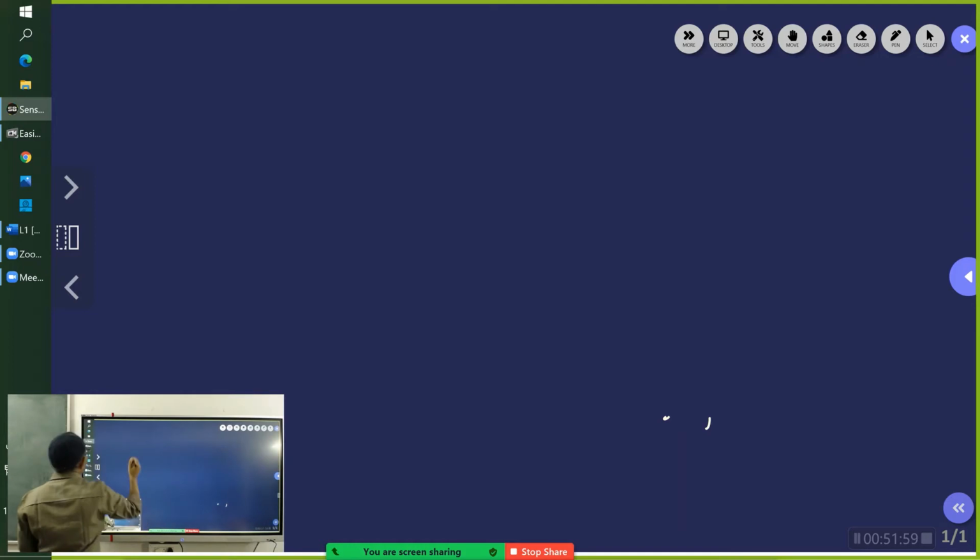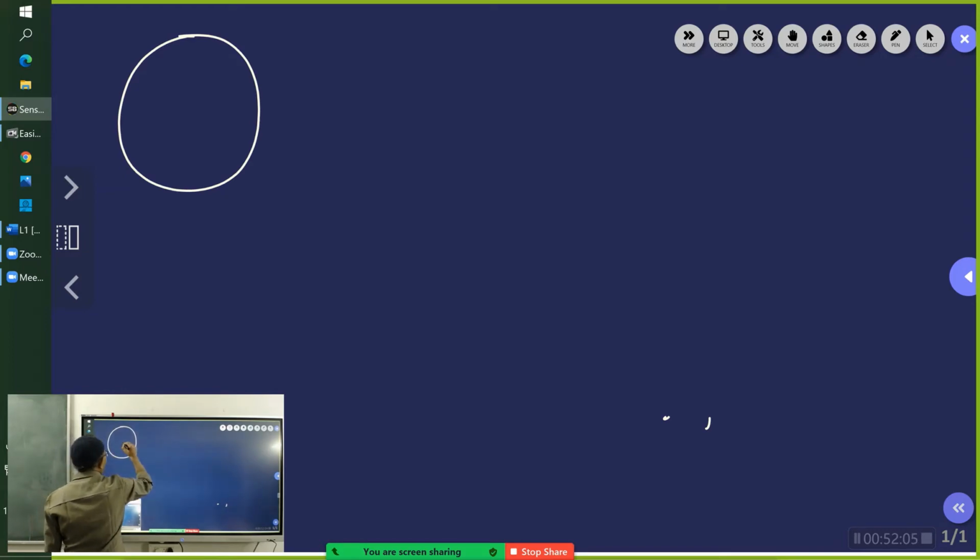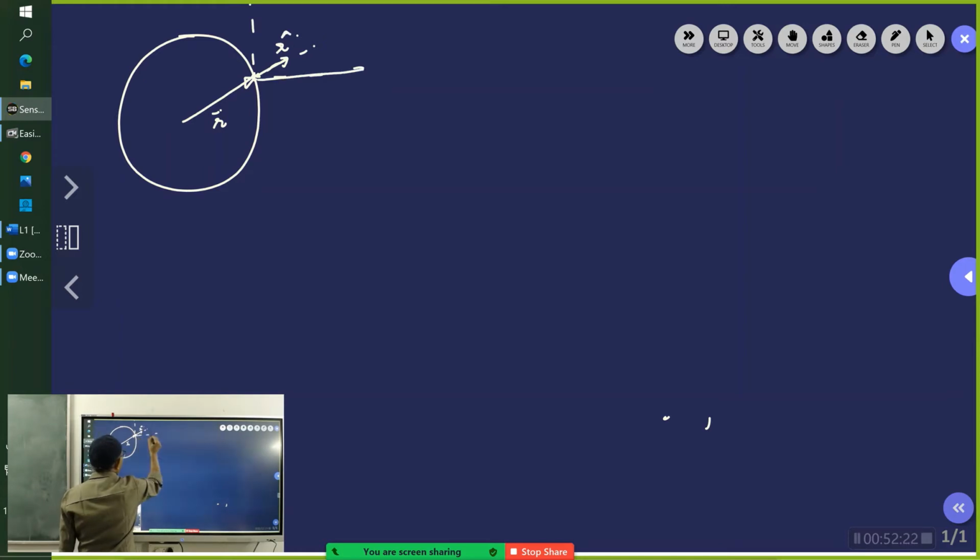Now I'll rub this and elaborate these things neatly. I'll draw a smaller circle here because I need the board space. If this is R bar, then I will extend this. Here I will get R cap, and this one I will take as the x-axis, and this one as the y-axis.